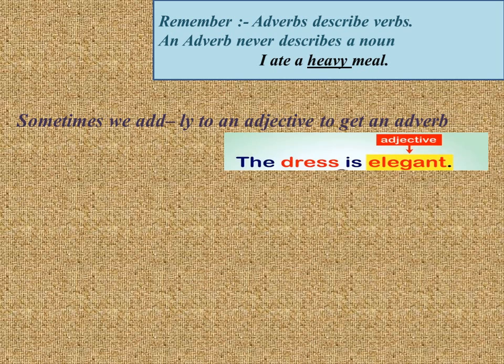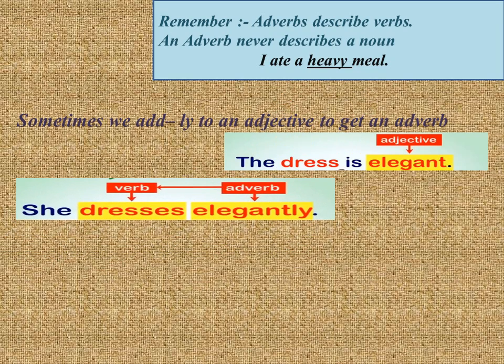Dress is a noun, so elegant here is an adjective. It describes the noun dress. Now the next sentence: she dresses elegantly.